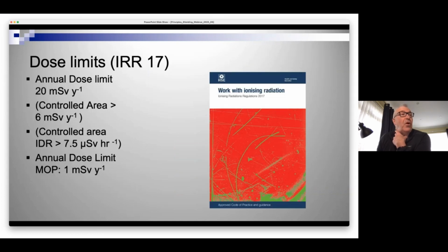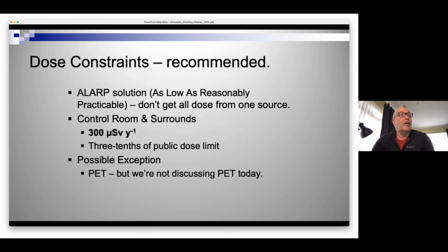And the dose limits we've got are: annual dose limit for workers is 20 millisieverts. Annual dose limit to members of the public is 1 millisievert. And we're not really interested in doses in the X-ray room. We're interested in ensuring that anybody outside of the X-ray room gets a radiation dose that's proportionate.